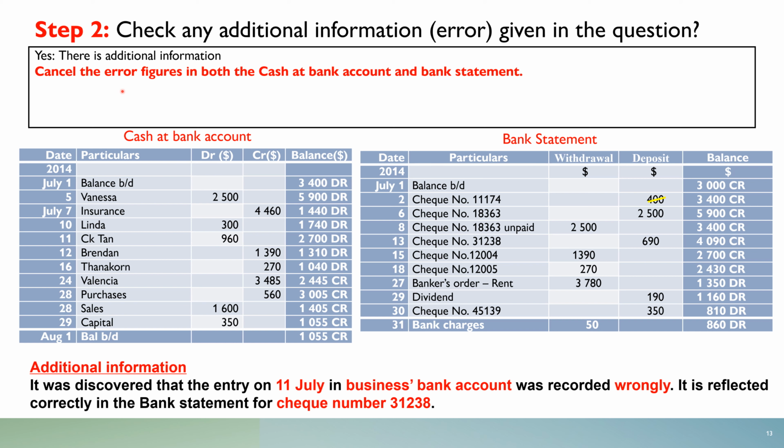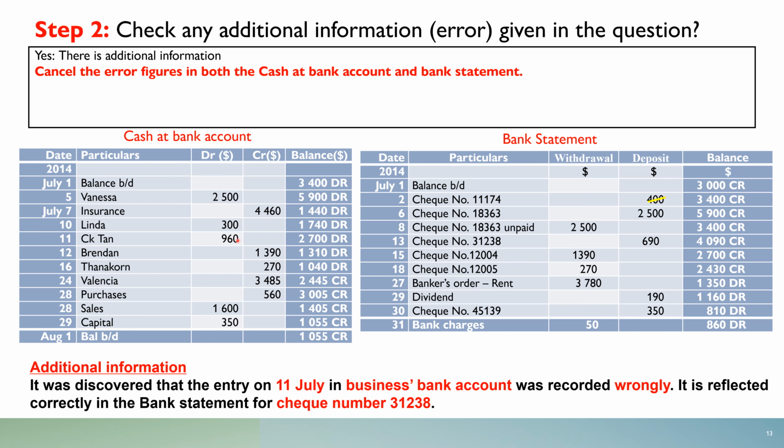So we need to cancel the error figure in both the cash at bank account and the bank statement. There are so many figures, so which figures shall we cancel? We need to read the error statement. It was discovered that the entries on 11 July in the business bank account were recorded wrongly. So 11 July here, CK Tan, 960.